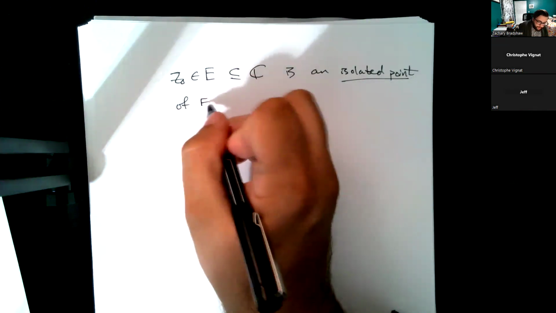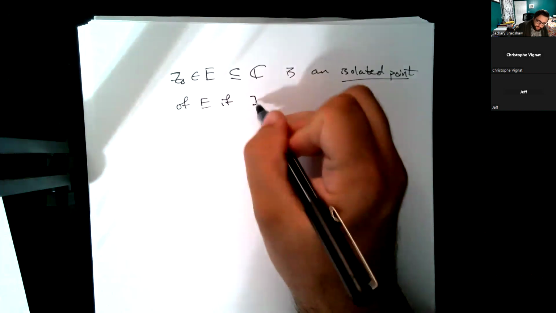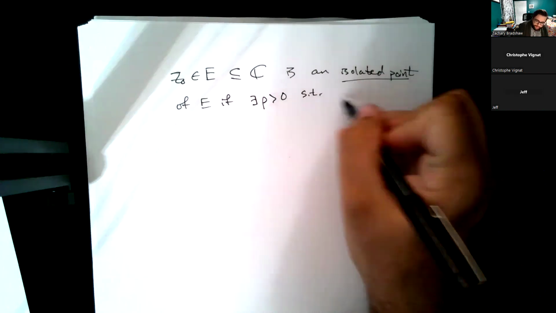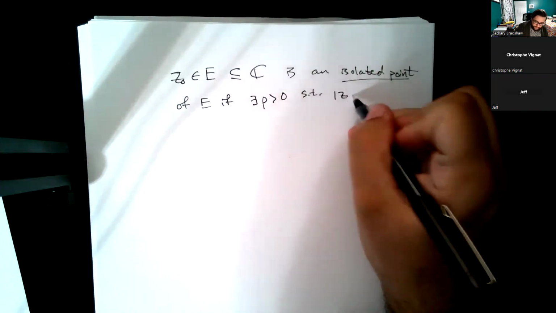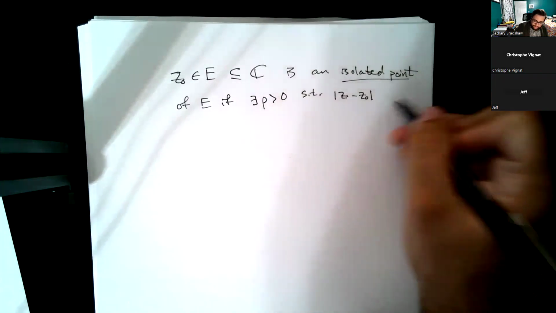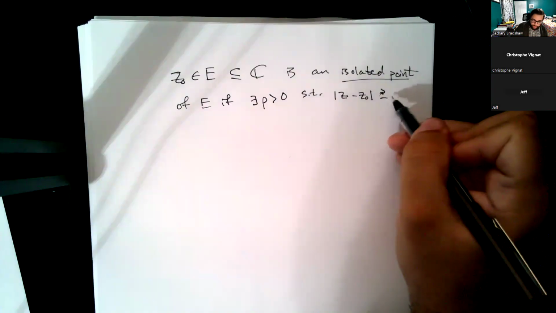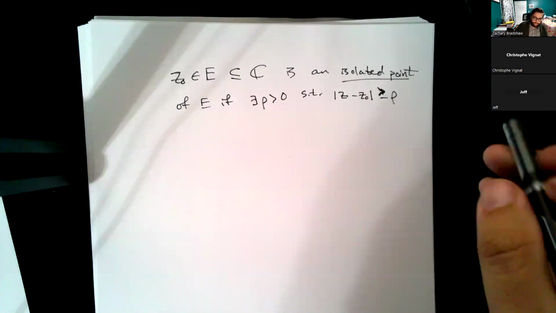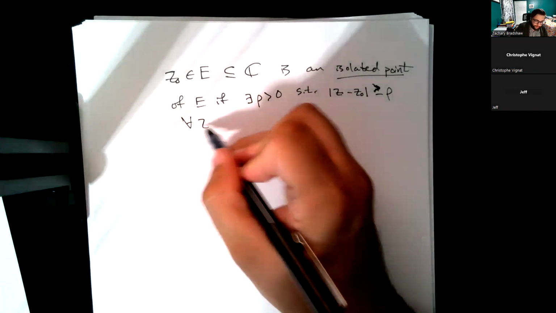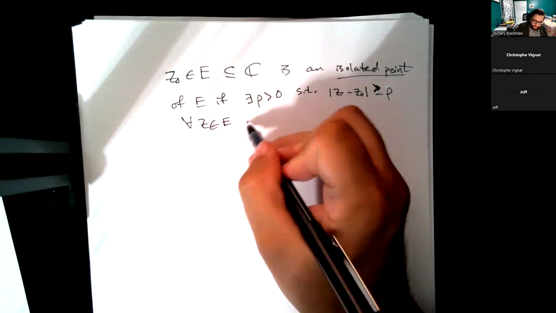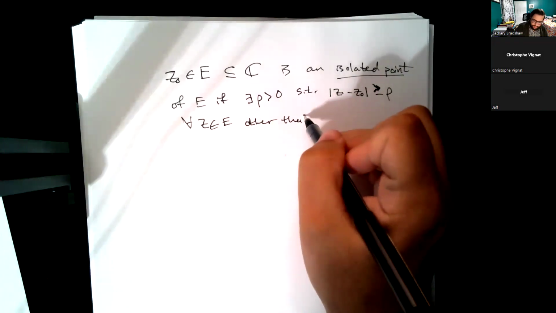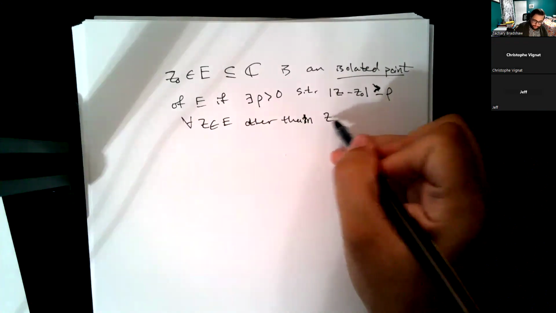of E if there is a rho greater than 0 such that the absolute value of z minus z0 is greater than or equal to rho for all z in E other than z0.